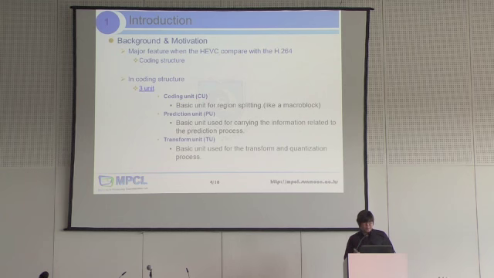In this structure, there are three units: coding unit, prediction unit and transform unit. The coding unit is the base unit for region splitting, the PU is used for the prediction process, and the TU is used for the transform and quantization process.